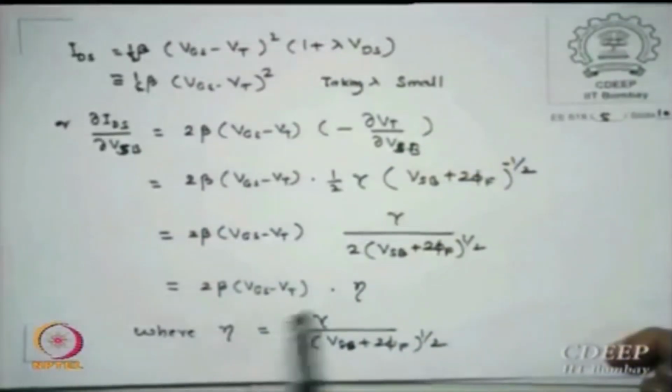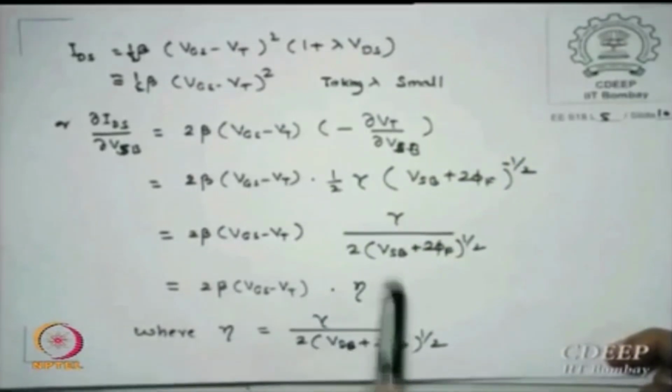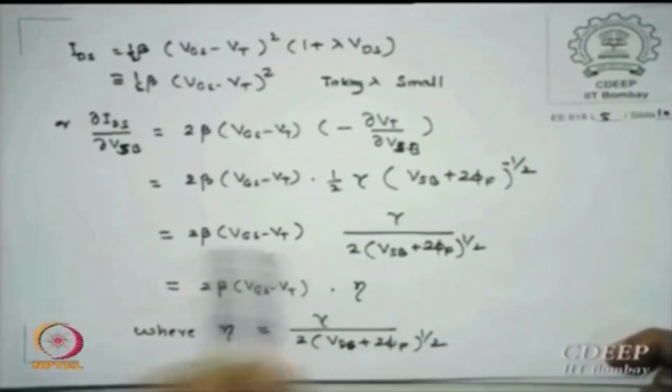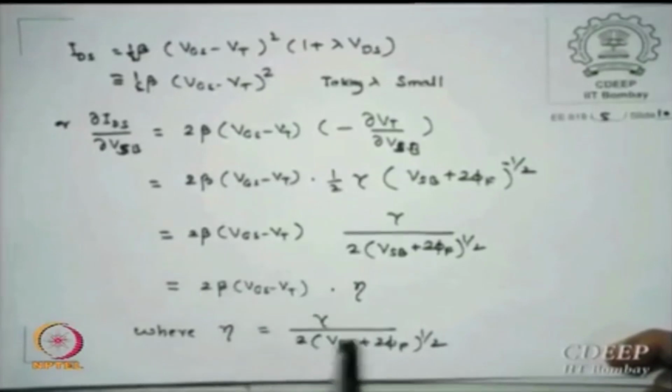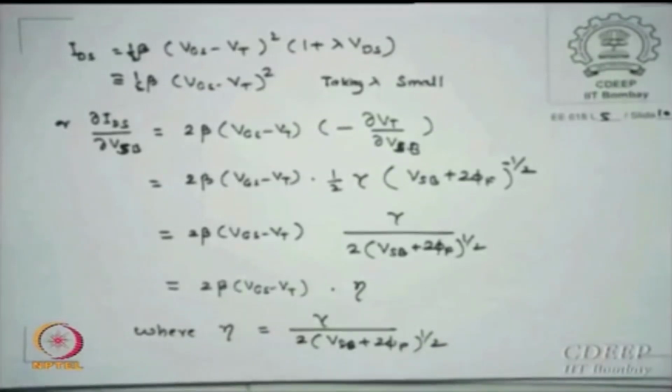So what we do is equate this to eta, and we will see Gm later. This eta is given by this expression and typically it is 0.6. Typically does not mean exactly, you may have to solve for given values, but around 0.6 is the value.